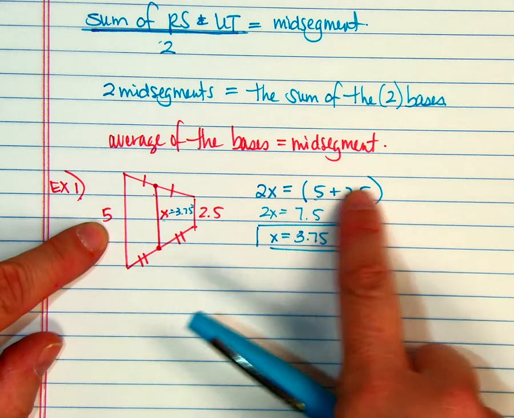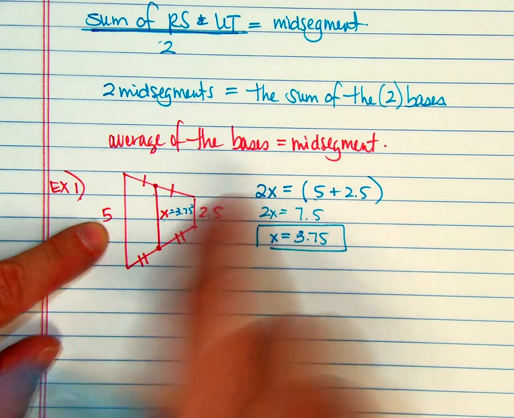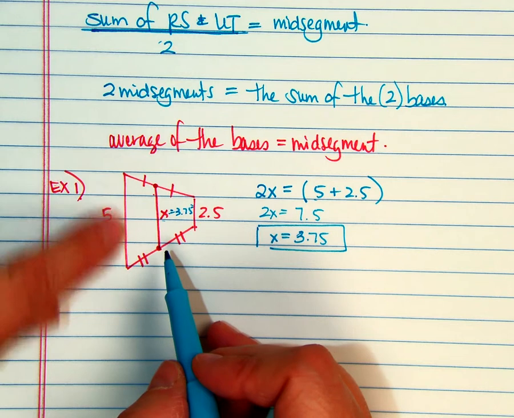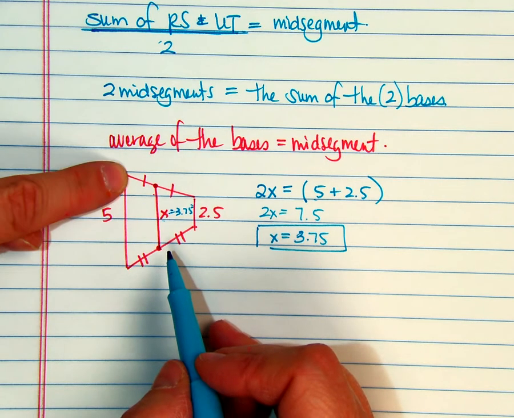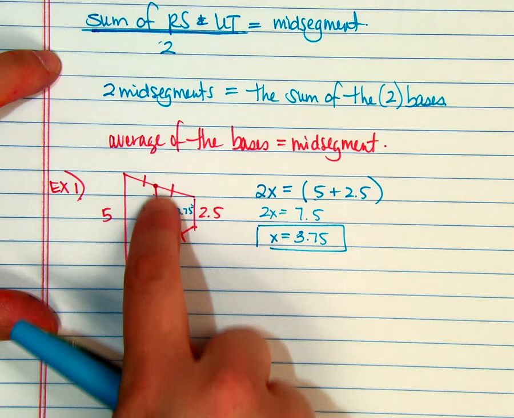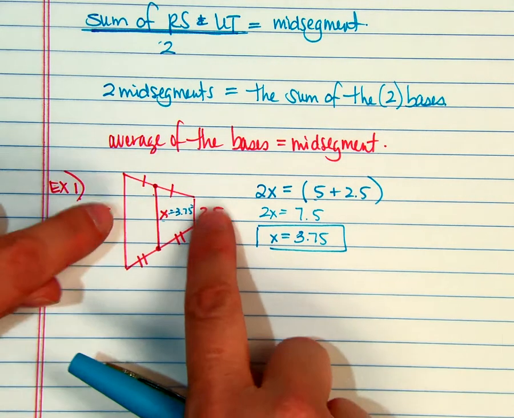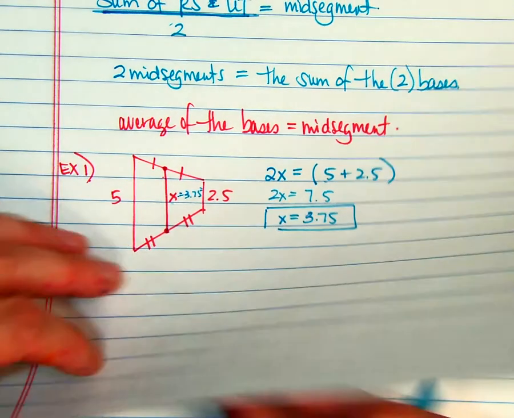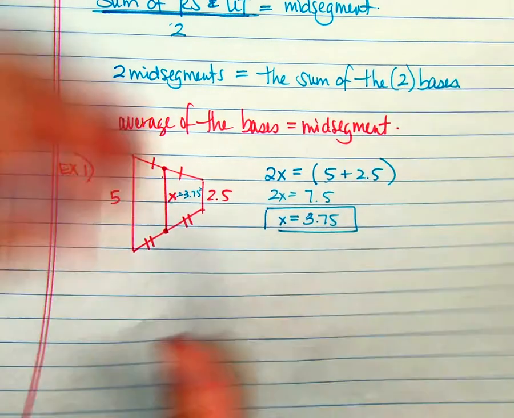Or adding these 2 up, dividing by 2 should equal that. Notice my midsegment. Here's my longest base. Here's my shortest base. I know that my midsegment better have a length between those 2 numbers. Okay? Let's do one more example using some algebra.